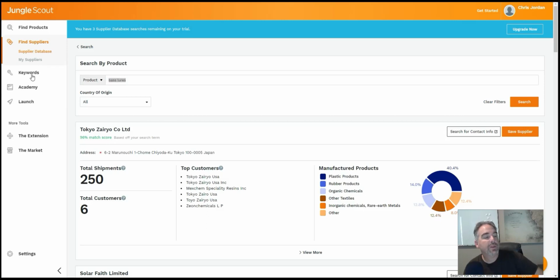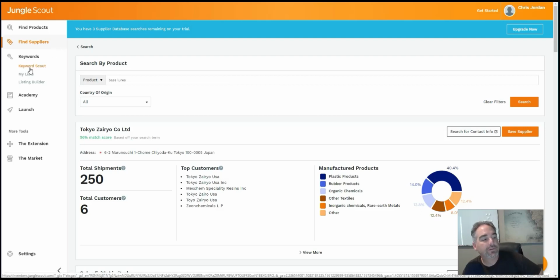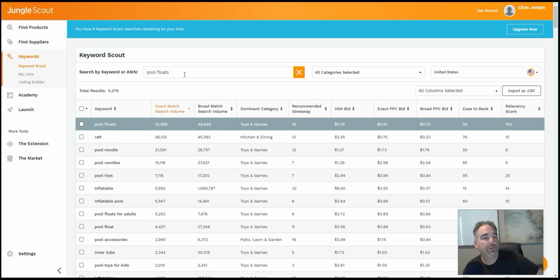Okay, so with the keyword tool, both of the suites, Jungle Scout and Helium 10, have a keyword tool. Jungle Scout's is called Keyword Scout, and you just plug that in, and there we go. And you can do a search like I did here, and it gives you all this information. And both of these are pretty even.